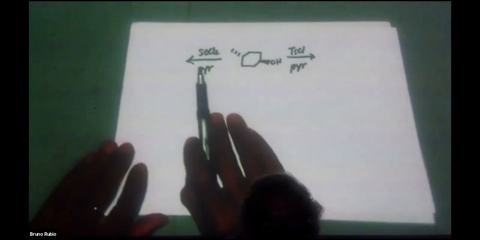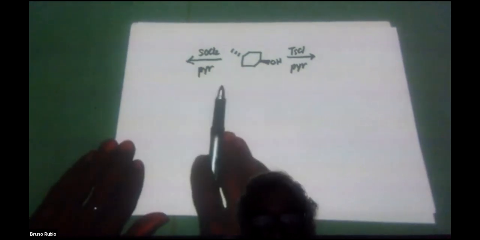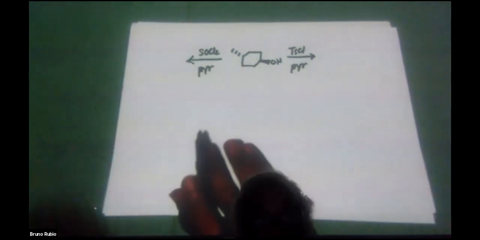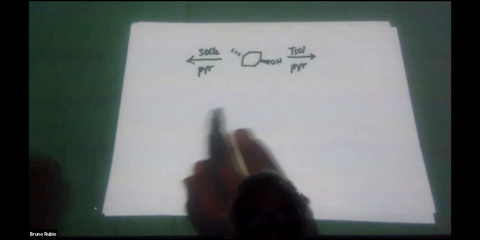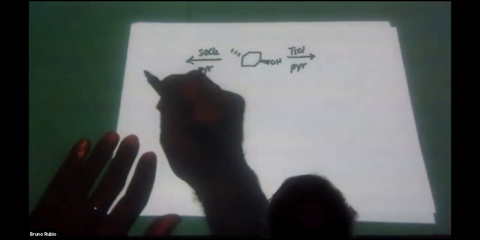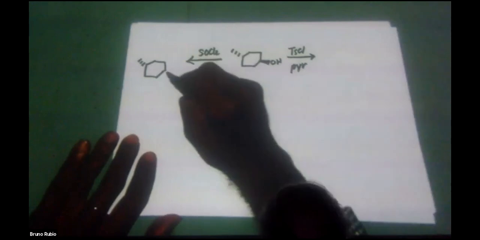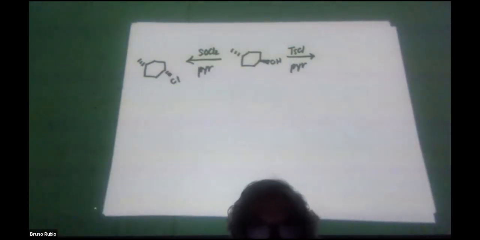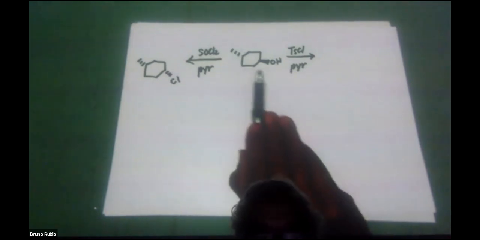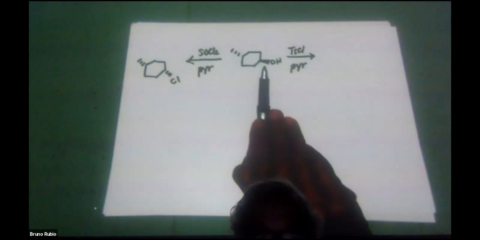Okay, this SOCl2 converts the OH to Cl, but it does so with inversion. Wedge becomes dash or dash becomes wedge because it's an SN2 reaction. Do you guys remember the cis trans nomenclature? You see how this methyl group and this OH, they're trans.